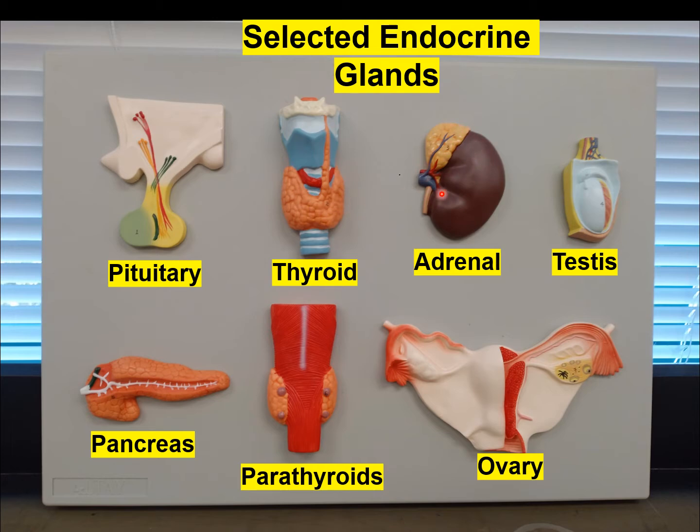Third, we have the adrenal gland, which sits atop the kidney. Next, we have the testes. Here we have the pancreas. This represents the parathyroid glands, which are 4 to 8 small glands located on the dorsal or posterior aspect of the thyroid gland. And then finally, we have the ovary.